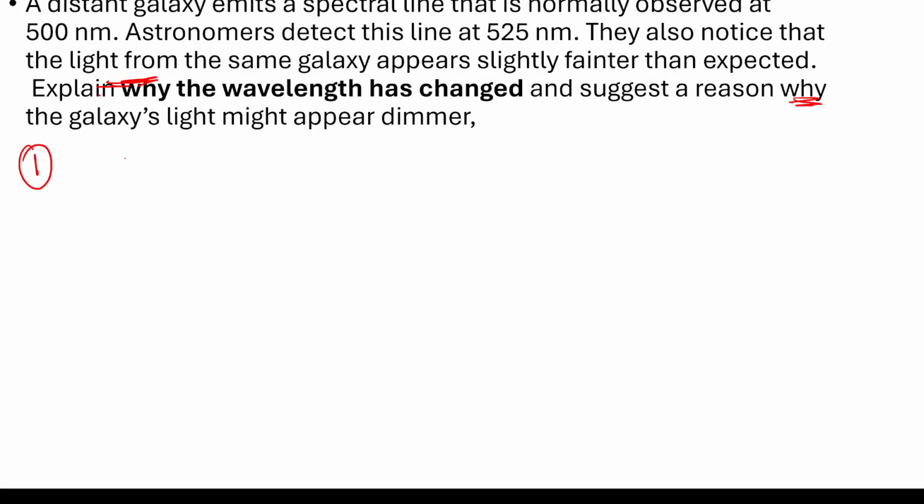If the wavelength increases, then you say that it is receding away. Now it's asking you why the wavelength has changed. First, what did you notice? It is greater. So that's your first point: lambda observed is greater than the normal one.